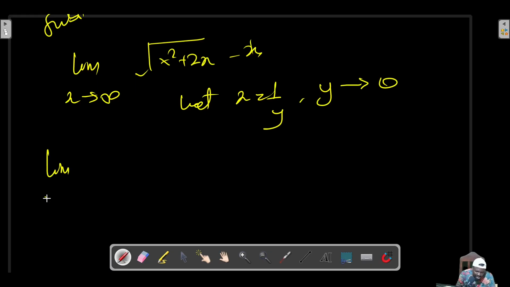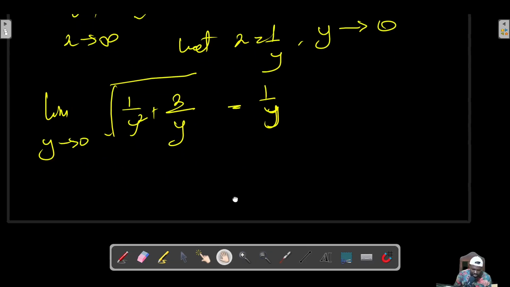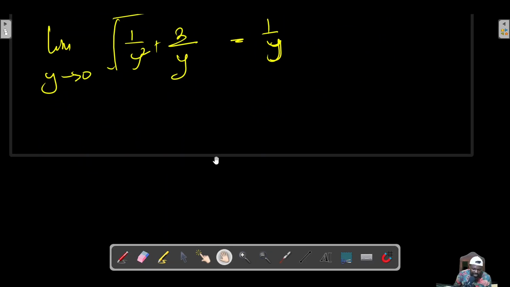So the limit as y approaches 0 of root of 1 over y squared plus 2 over y, minus 1 over y. Now the work is done.